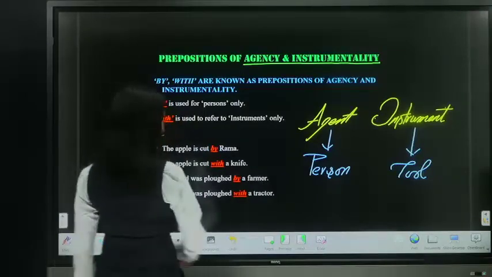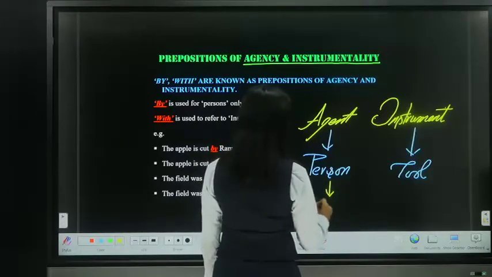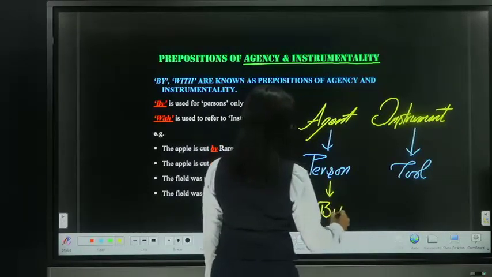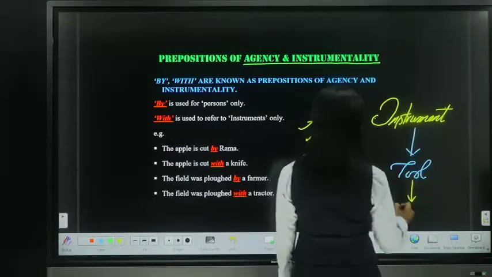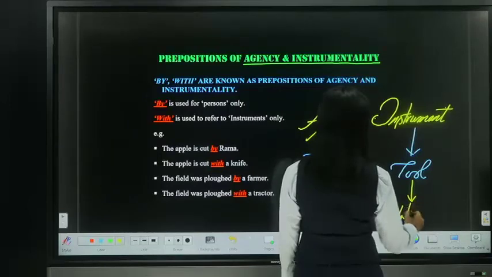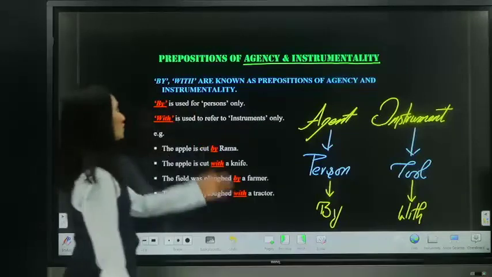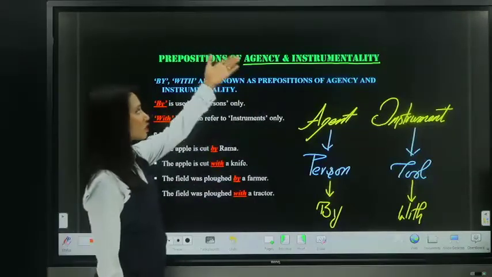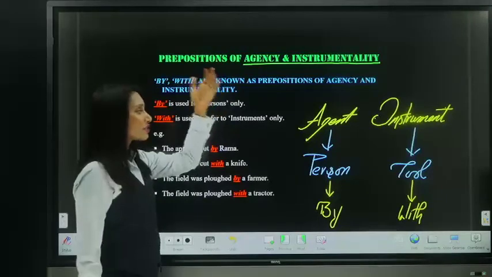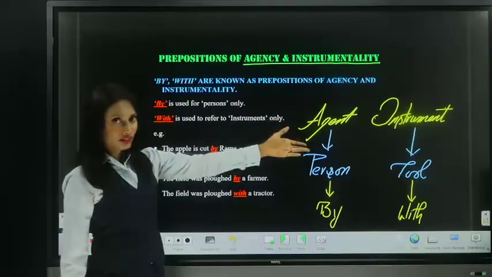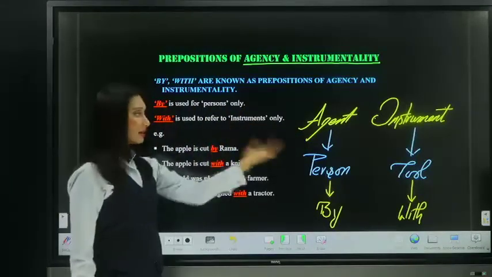Now to indicate an agent, we use the preposition by. To indicate an instrument, that is a tool, we use the preposition with. That means by and with are used as prepositions of agency and instrumentality to show the action done by and done with. So by is for persons, with is for instruments and other tools.